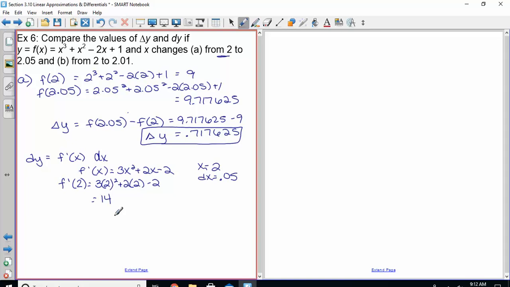Okay, so then to finish this, dy is f prime of x, which was 14, times my dx, which is the change in x, which is 0.05, and we get 0.7.